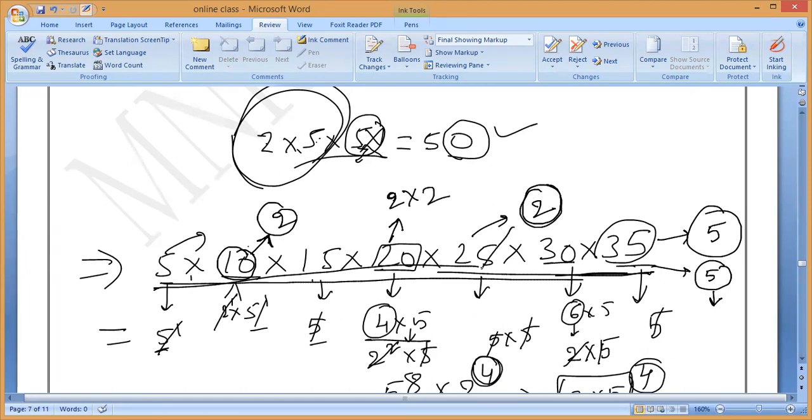Next 25, no 2s. 30, how many 2s? 6 into 5, in 6 one 2. How many 2s? Count: 1, 2, 3, 4. Only 4 zeros. That's all.